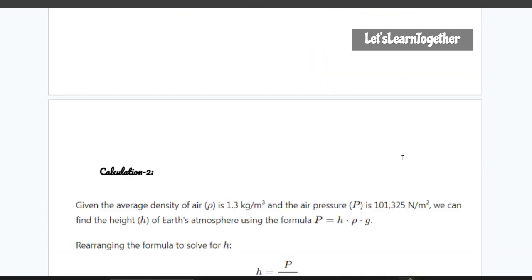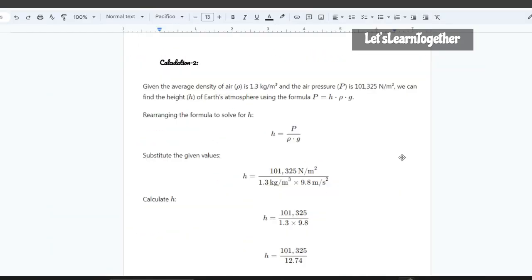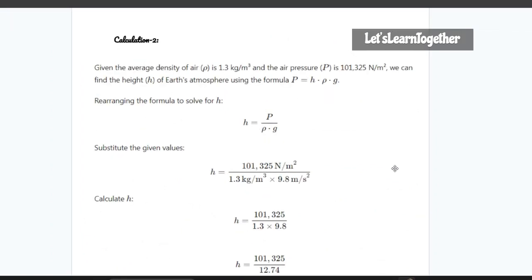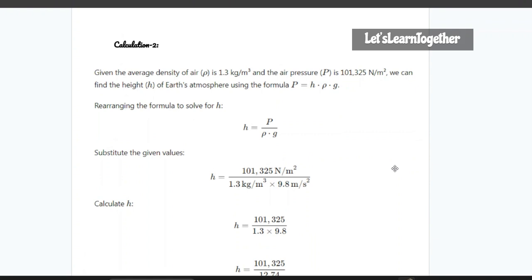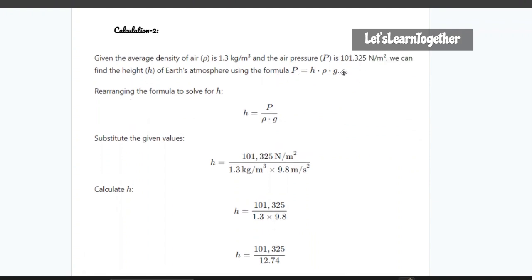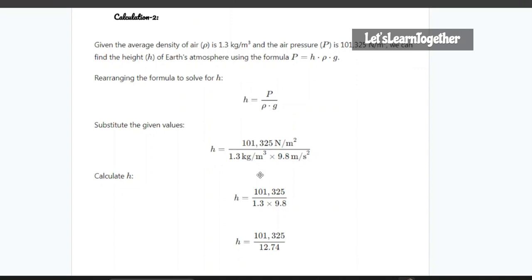All right. Okay. So this is the second calculation. As they told you to find out the height of Earth's atmosphere, and both density and gravitational acceleration and pressure has been mentioned in the question. So you can rearrange this formula into this, and you will then just place the values and solve the math.